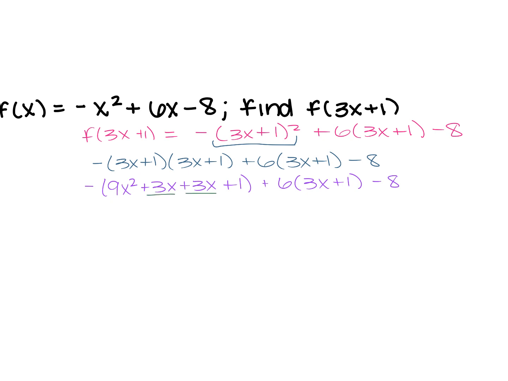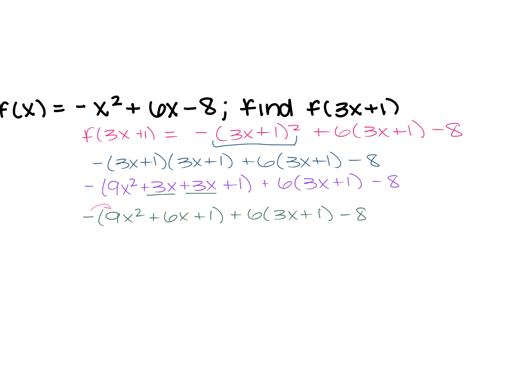You have the 3x plus 3x, which is going to give you 6x. So this turns into the opposite of 9x squared plus 6x plus 1 plus 6 times 3x plus 1 minus 8. From here, distribute. You have a negative in front of the 9x squared plus 6x plus 1. You have a 6 in front of the 3x plus 1. So you're going to be distributing both of those.